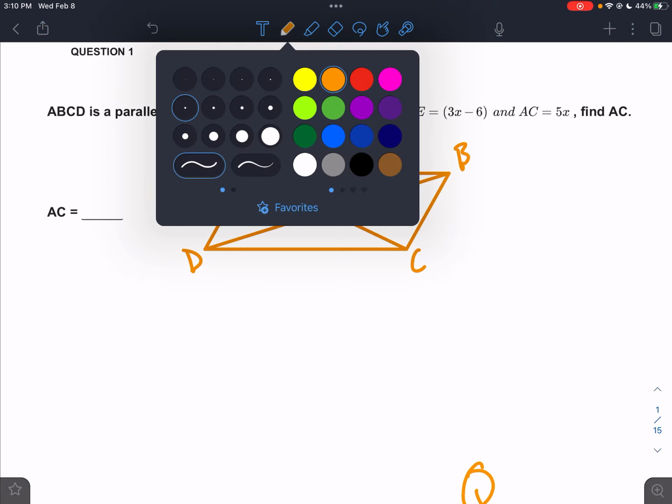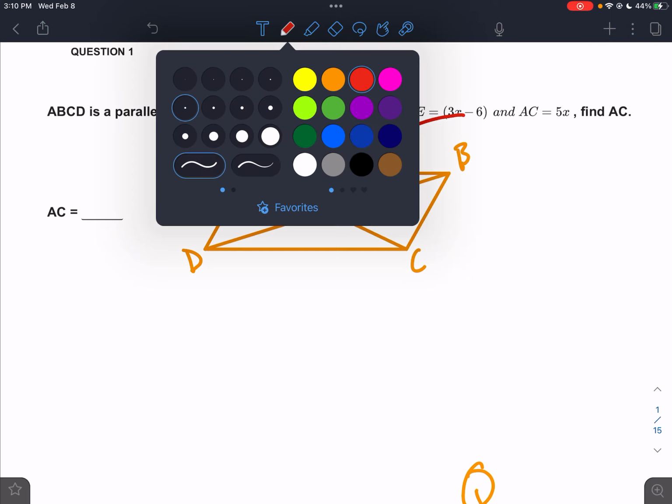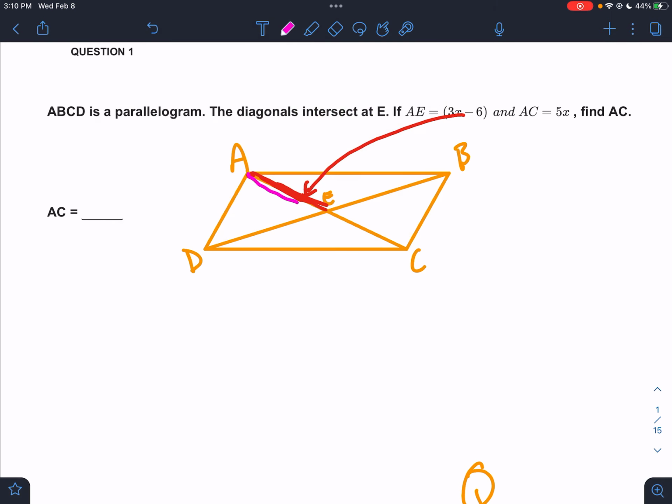If AE is 3x minus 6, that's this part is 3x minus 6. And AC, that's the whole thing, AC is 5x. Find AC. So we know if it's a parallelogram that the diagonals bisect each other.